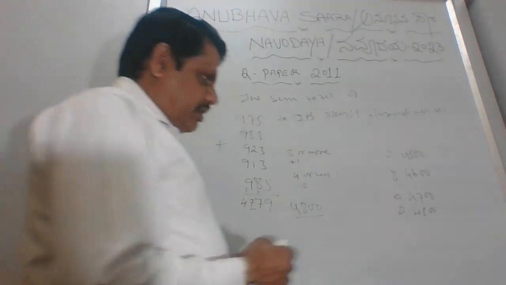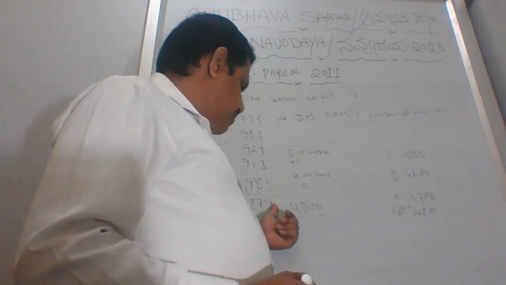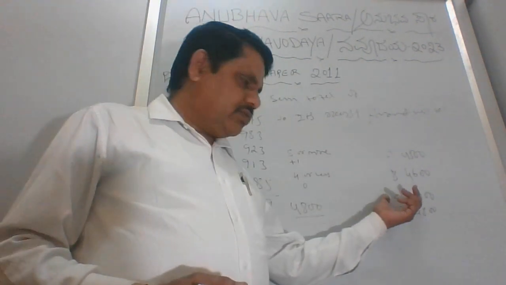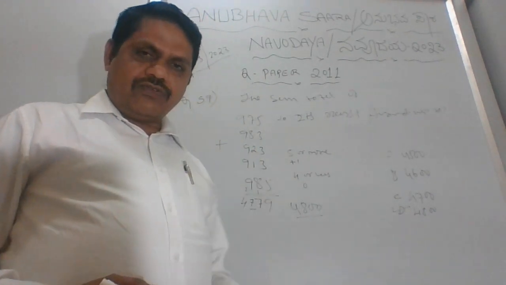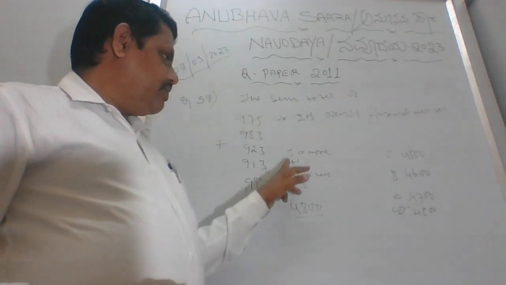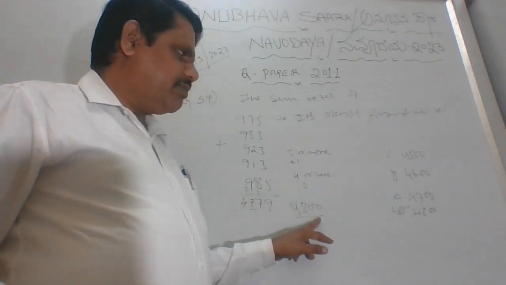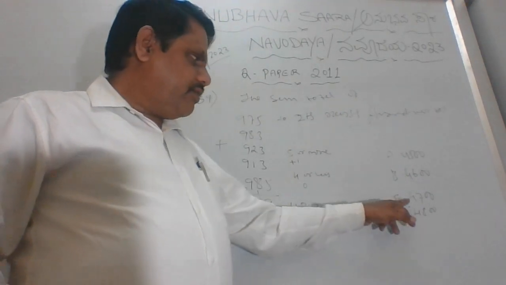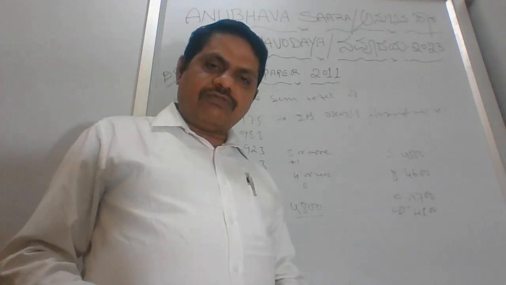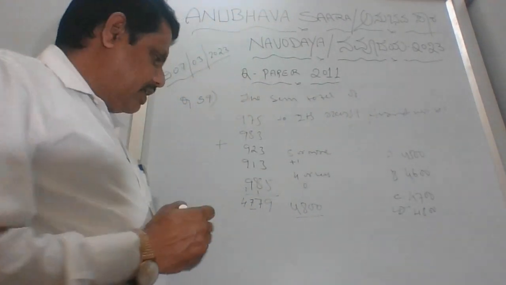So the answer will be D. Then the answer would be matching to this. I hope you understood already. I'll just show you. If it comes more than 7, that means 5 or more, we have added, that is 4800.